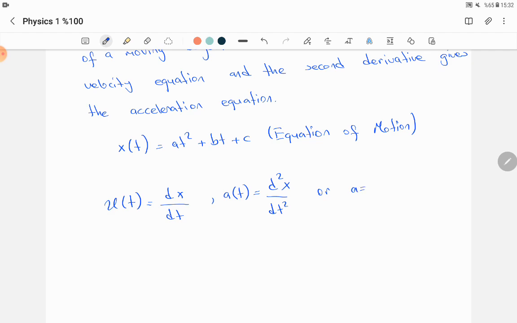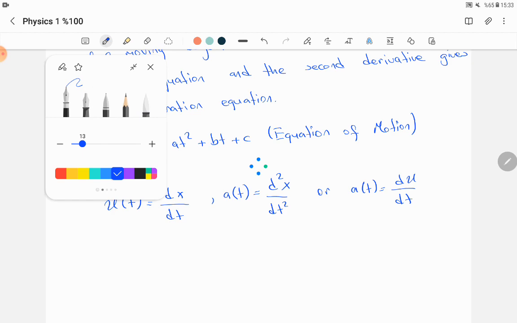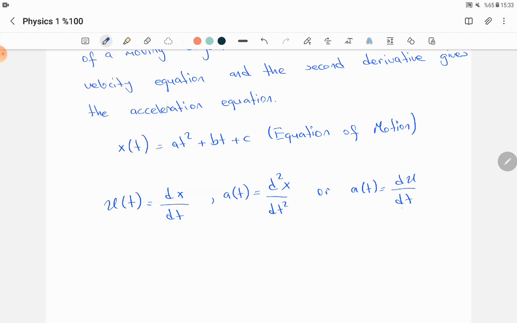The other way to find the acceleration equation depending on time is to take the derivative of the velocity with respect to time. That's what it means.